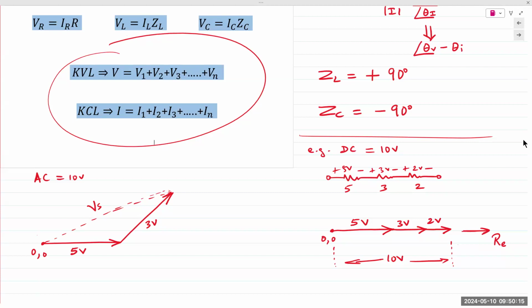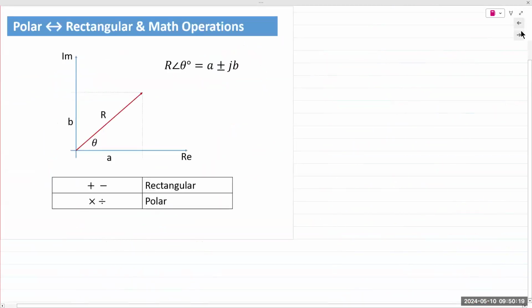Okay. So then I wanted to just do this polar to rectangular and rectangular to polar math operations. We talked about vectors, right?